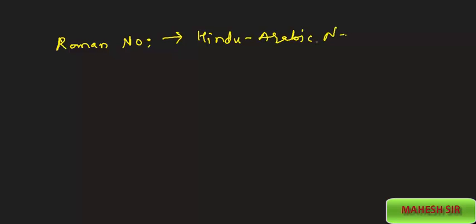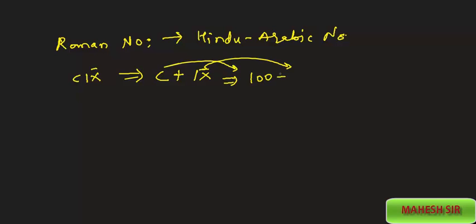Now look at your example. The CIX, this one is a Roman numeral. Now we are converting it to a Hindu Arabic numeral. This is C plus IX. C is standing for number 100, and this IX standing for number 9. So it becomes 109. Now one more example. CLXIX. Look here.